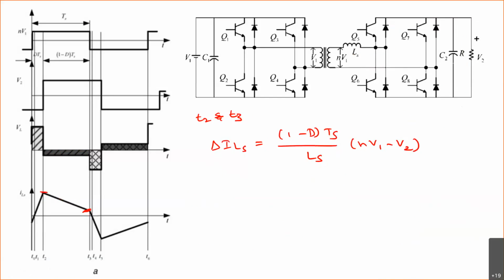Is that correct? Okay. So from this, I of T3 equals I of T2 plus (1 minus D) TS over LS into NV1 minus V2. This is the current, right?